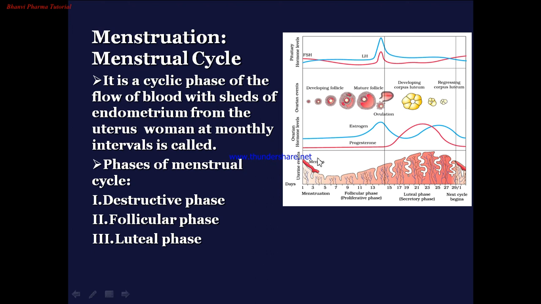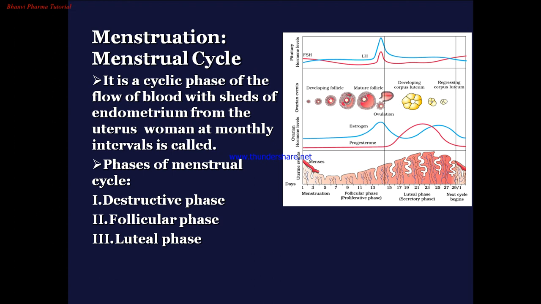The second is the proliferative phase, also called the follicular phase. The third is the luteal phase. The proliferative phase is characterized by the release of estrogen, during which the endometrium proliferates and gets renewed. In this period the Graafian follicle is also maturing, and this phase lasts for 10 days.